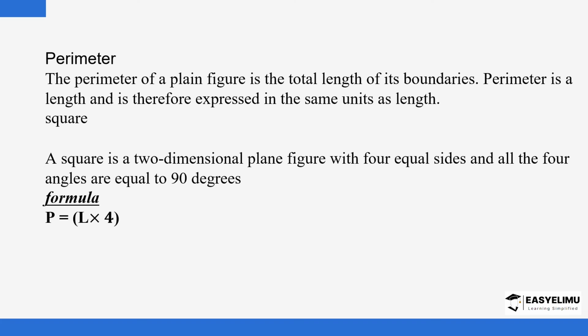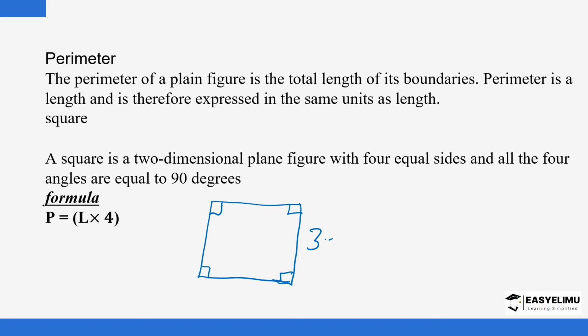So a square is a two-dimensional figure with 4 equal sides and all the 4 angles are equal to 90 degrees. What qualifies it to be a square is when each of the interior angles is 90 degrees and all the sides are the same.